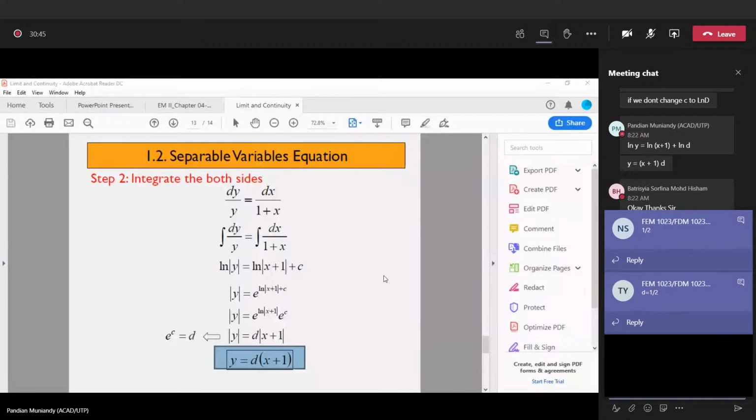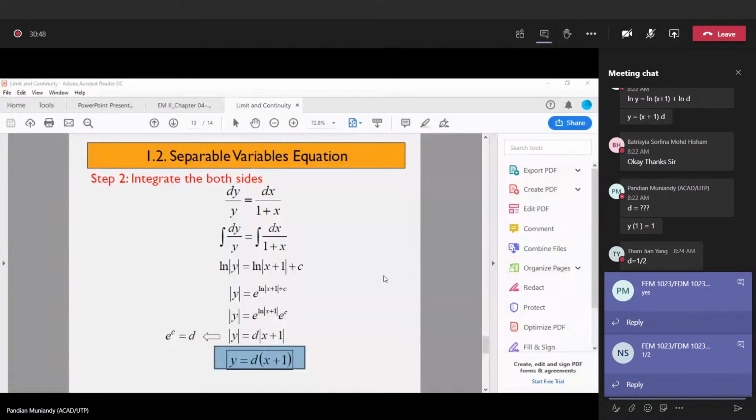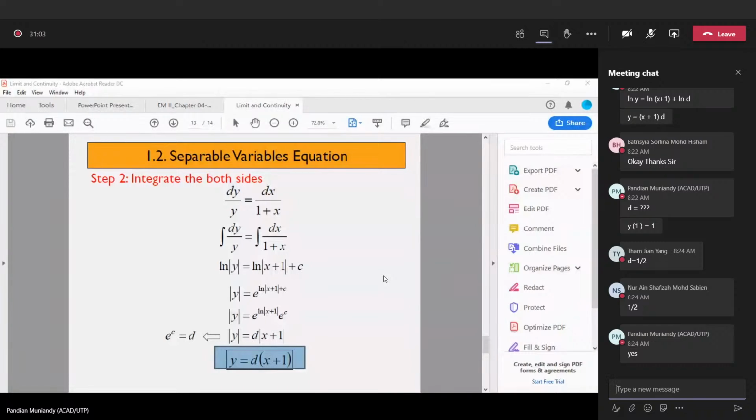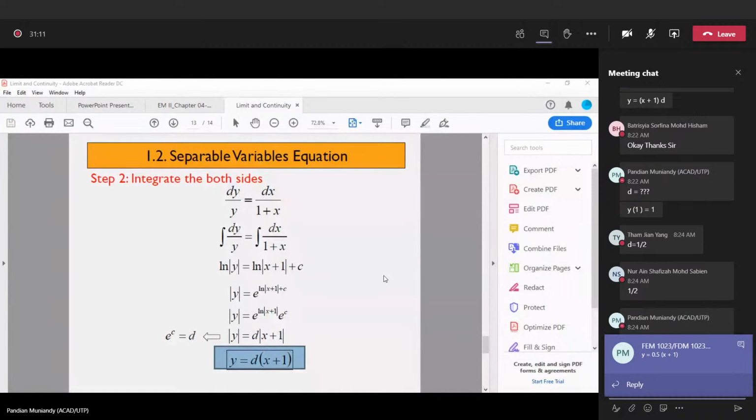Yes. So now you substitute back. Your solution is y equals to d of 0.5 multiplied by x plus 1. Okay.